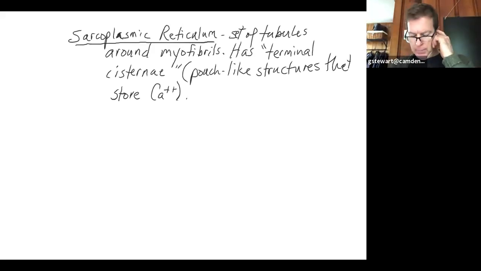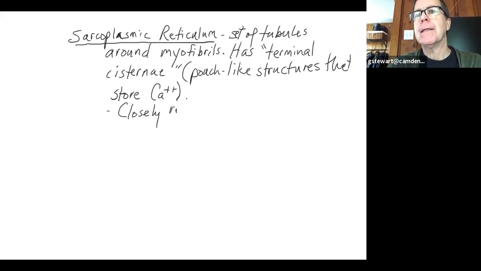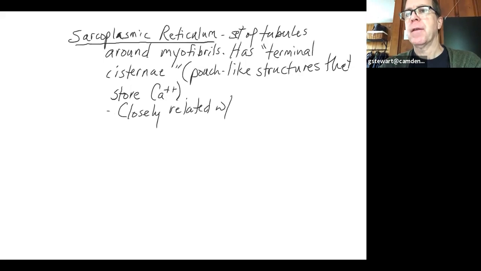Okay. This sarcoplasmic reticulum is also closely related, physically, I mean touching, with T-tubules, and I'll define what those are.